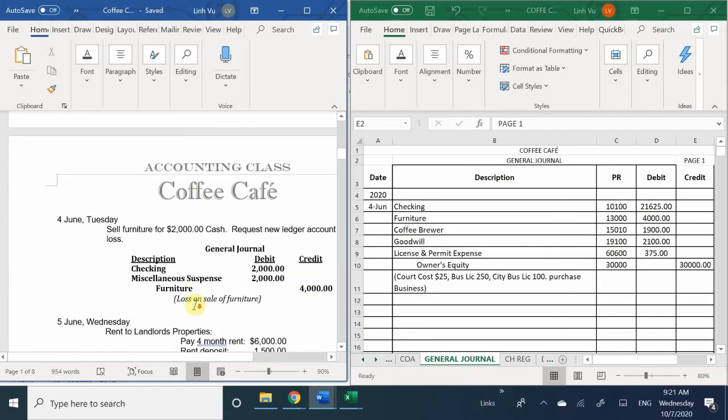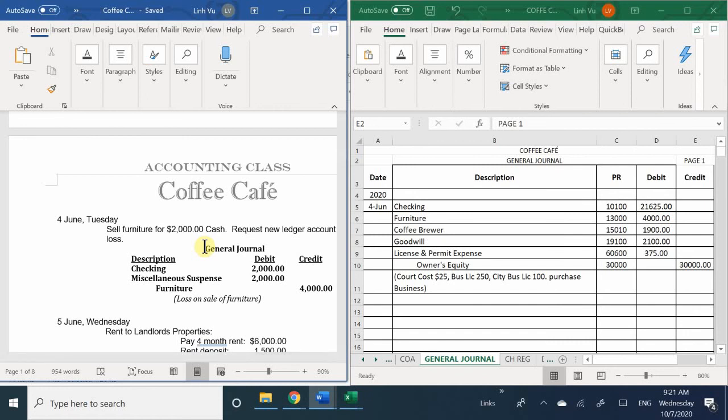All right. So then now what happened on page 2? Now what happened on June 4th, on Tuesday? Sold the furniture. And so that would have to be in the ledger or general journal. Okay. Rule of thumb: the journal comes first before you ever post into the ledger, because you need a post reference.